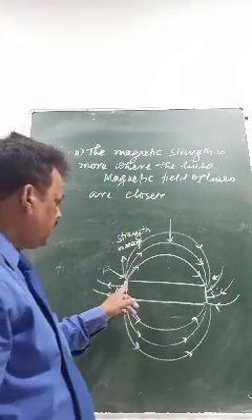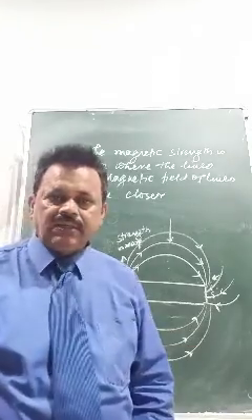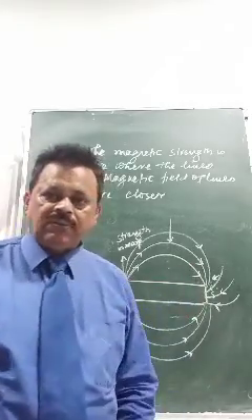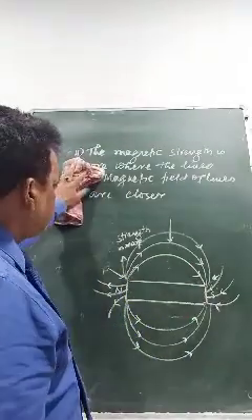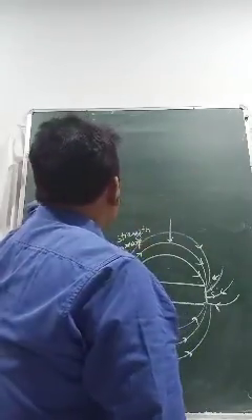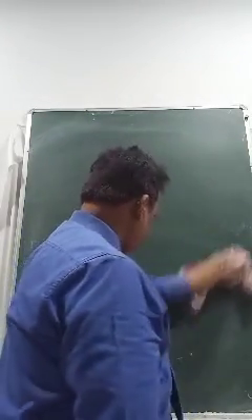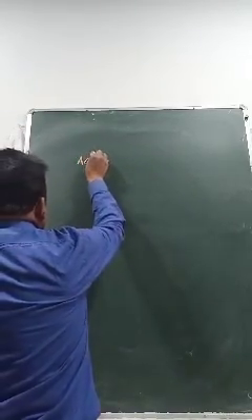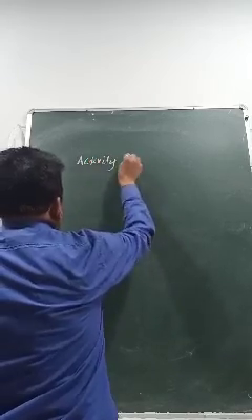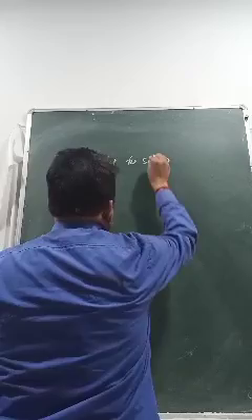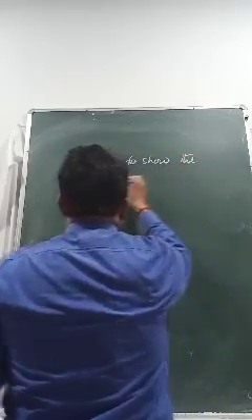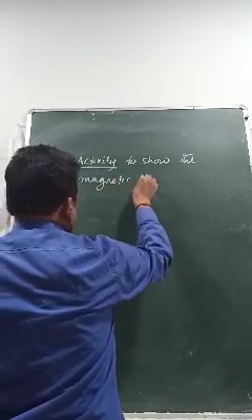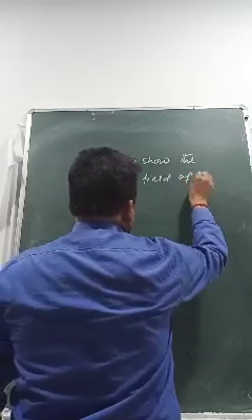This is a point now. Okay. Now, why the magnetic lines? We have to show one activity: the magnetic field of line starts from the North Pole and ends at the South Pole. How to make it? You can make it at home. Let's write down: Activity to show the magnetic field of lines.